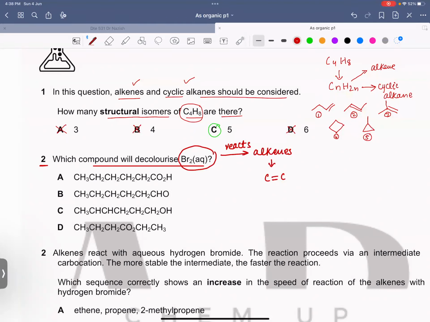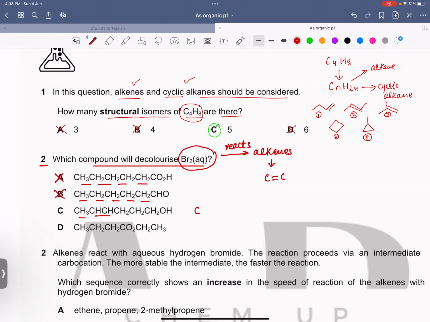Okay, so if you look at the first structure, here we have CH3, CH2, CH2, CH2. All the CH2 are there, and there is no carbon-carbon double bond, so A goes wrong. Again, CH3, CH2, CH2, CH2, CH2, no double bond. Then CH3, look at CH and CH.